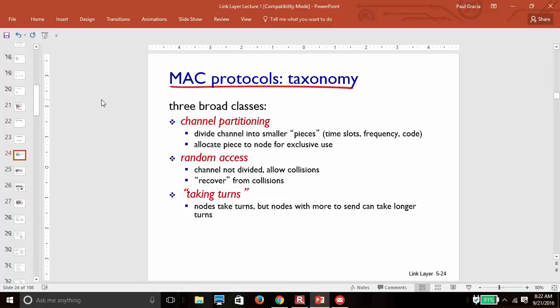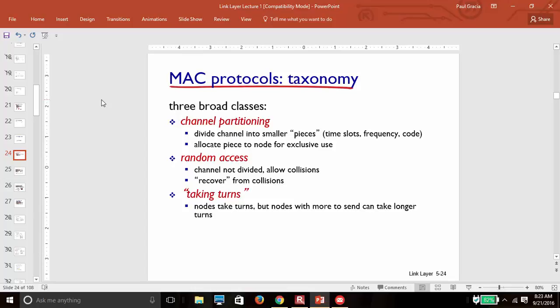We either separate it into different time slots, divide the channel into frequencies, or use some code to differentiate the different uses of the channel. The advantage is there's less processing overhead because you just have your time slot and that's pretty much it.